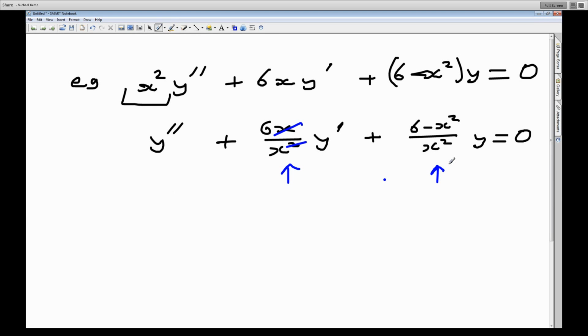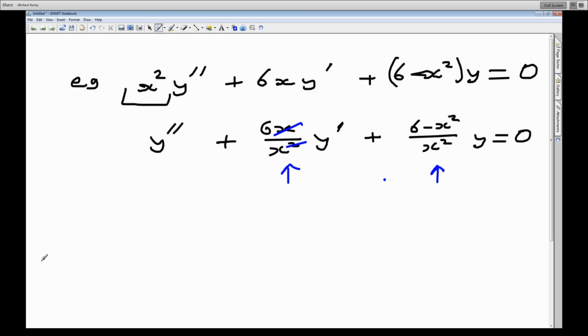And if the highest power on the bottom is an x squared, so at most a pole of order 2, then you can recover a solution. It would be singular at x equals 0, but you can still recover it, and that's okay. In that particular case, you can use Frobenius's method. Frobenius method then allows you to write down a series solution for it. So that's the bigger picture.